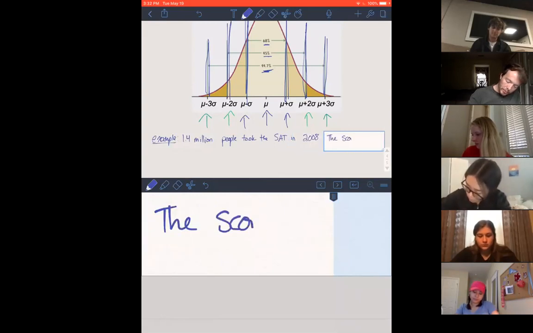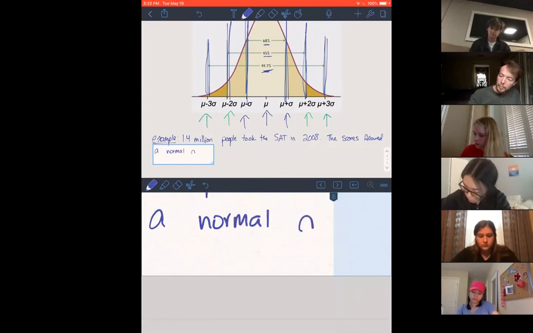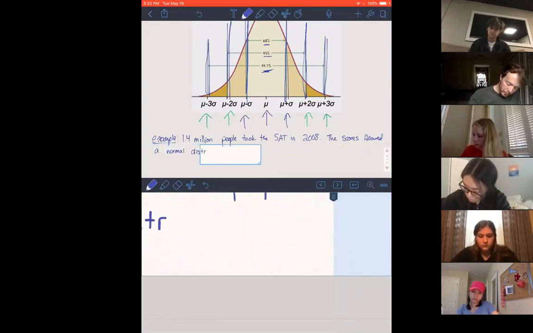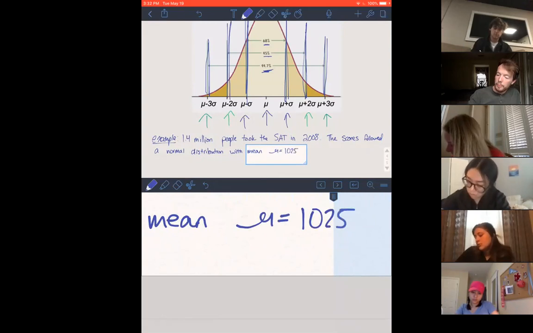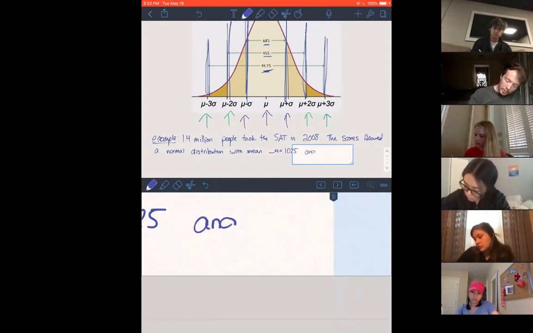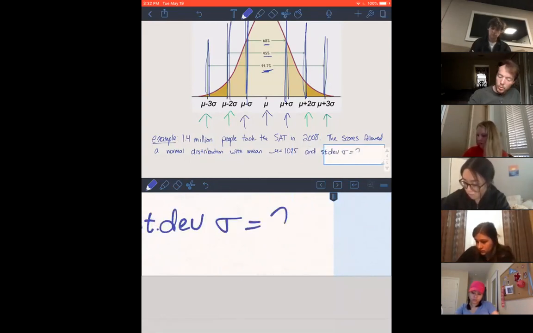The scores followed a normal distribution with mean mu equal to 1025 and standard deviation sigma equal to 209.